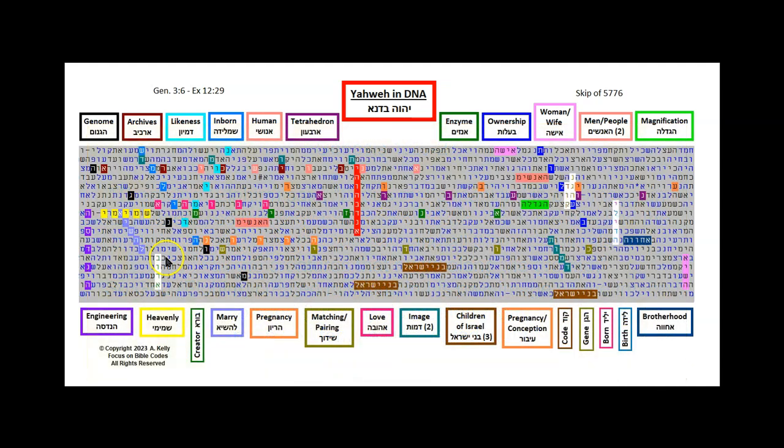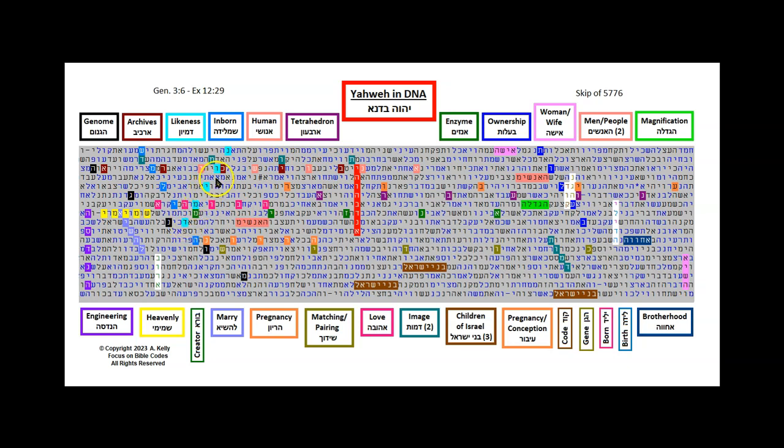And the word creator is here in the green, and it's the same skip as our access term. Twice we have the word image, and it's here in the teal going up diagonal. And it's also here in the teal going to the right. And crossing over it in the light teal is the word likeness.